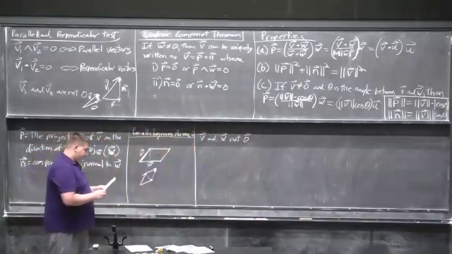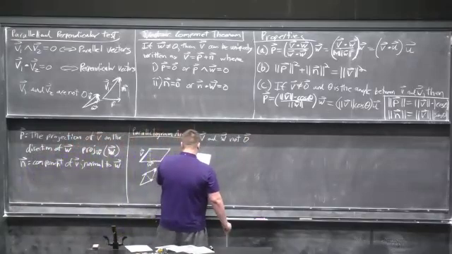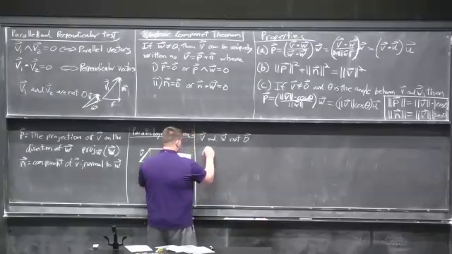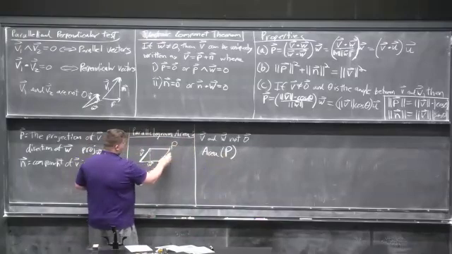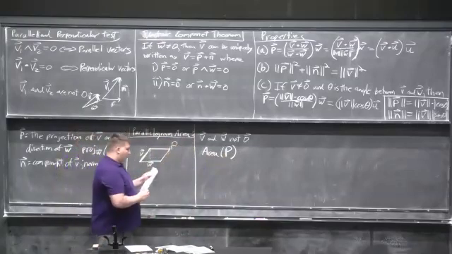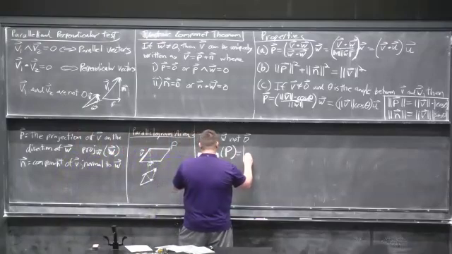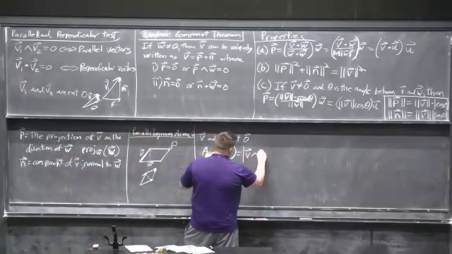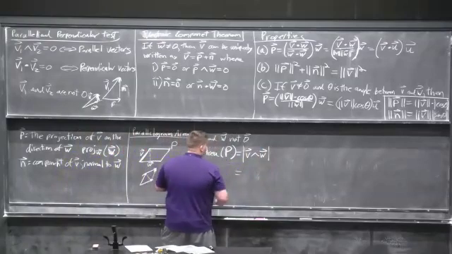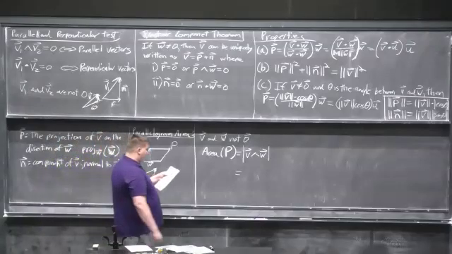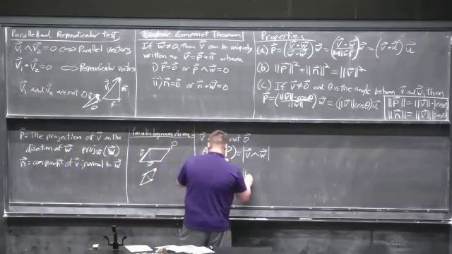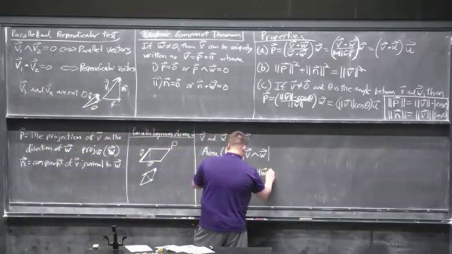Then we're going to say that the area of parallelogram P, I'm going to use capital P, formed by V and W, will be equal to the absolute value of V skew W, which using our properties, we can rewrite as the magnitude of V times the magnitude of W times sine of theta.